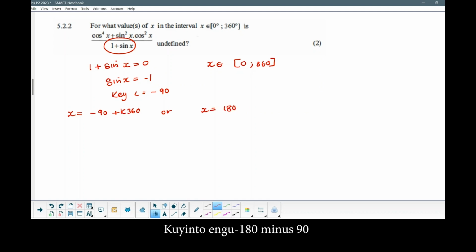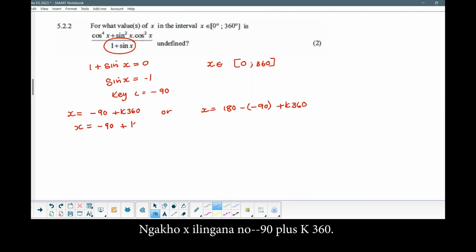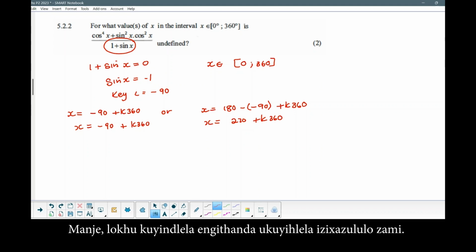Or it is 180 minus negative 90 plus k360. All right, so that means x is equal to negative 90 plus k360, or x is equal to 270 plus k360. Now, this is how I like to narrow down my solutions.